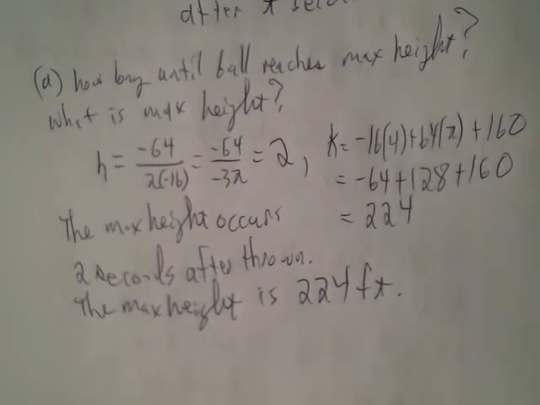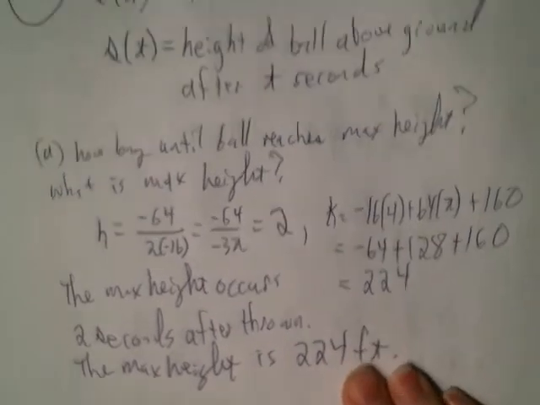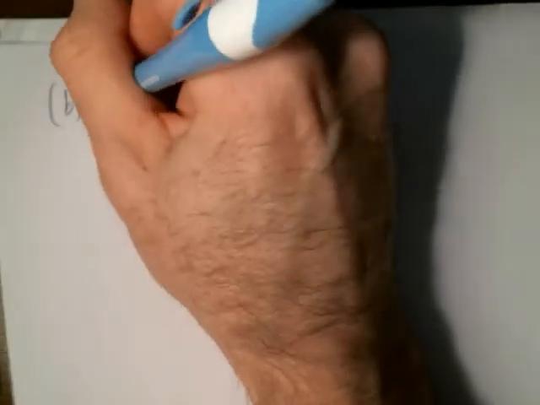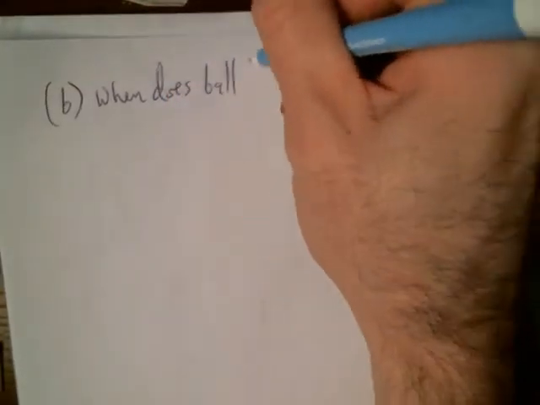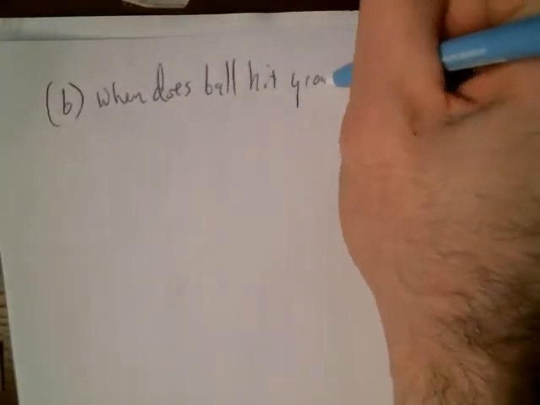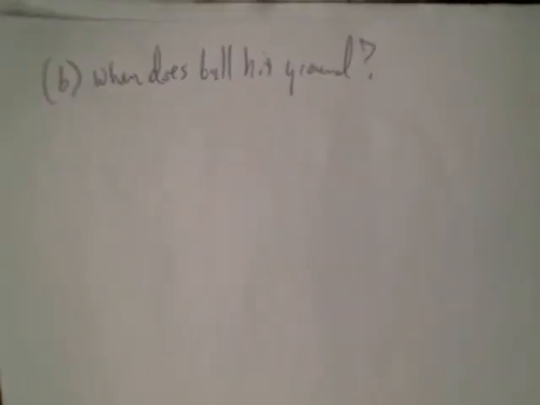Okay, let's see what else they have for us. Part B, when does the ball hit the ground? Okay, so what they're asking for is when is the height of the ball 0?